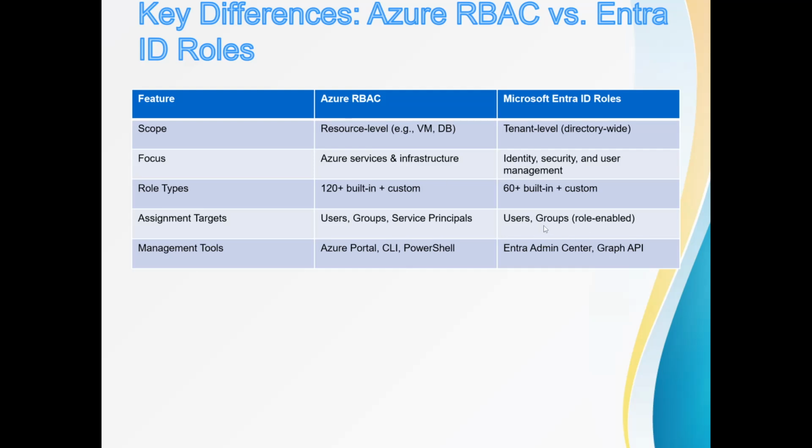For management tools, we can use Azure Portal, CLI, and PowerShell for Azure RBAC, and for Microsoft Entra ID we can use the Entra Admin Center or Graph API to manage the roles.